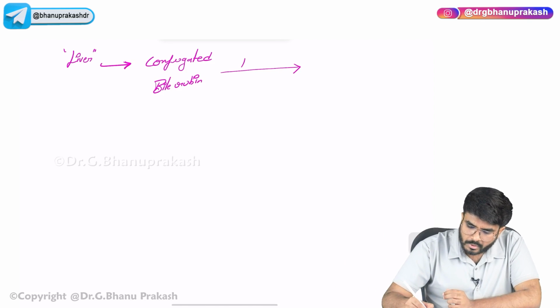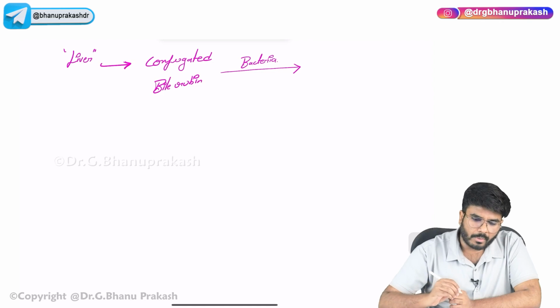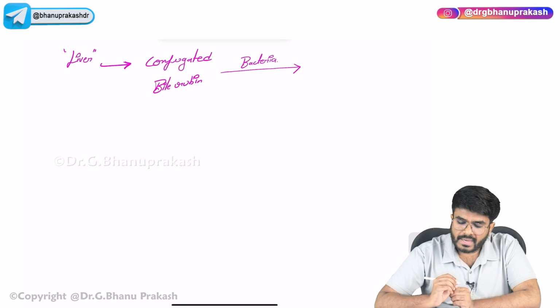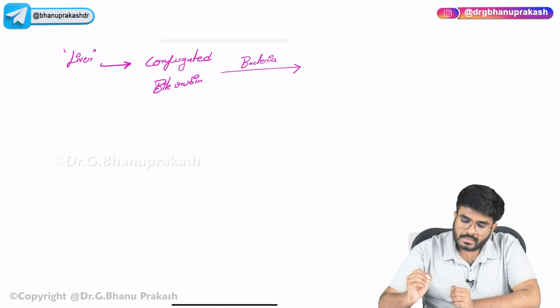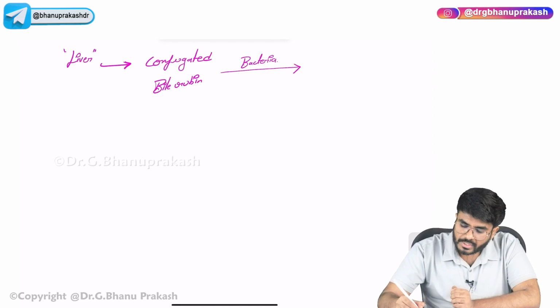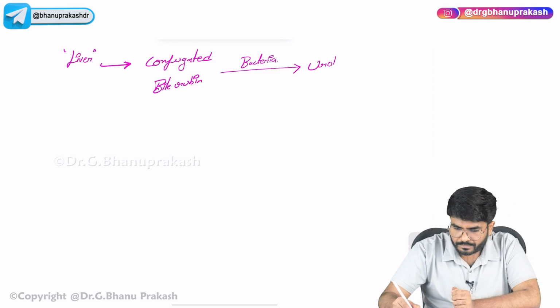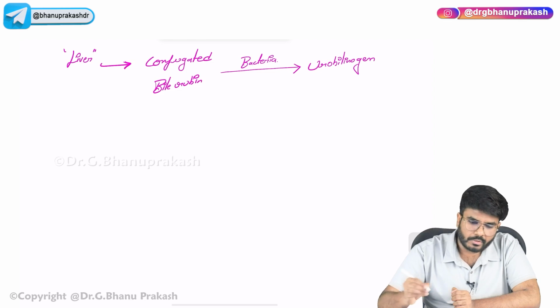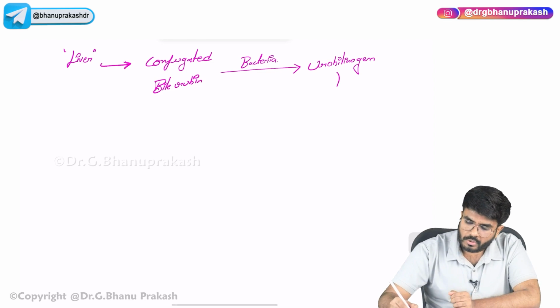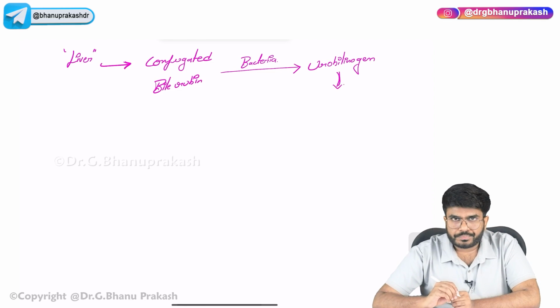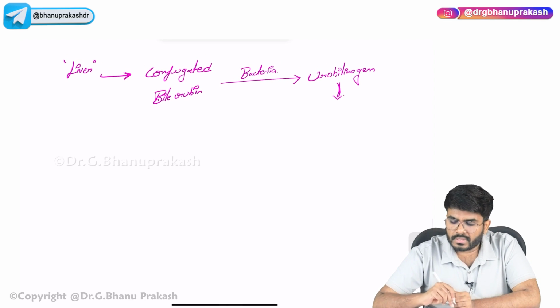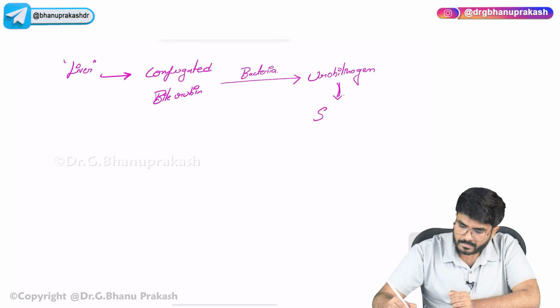Now this conjugated bilirubin is acted upon by bacteria. When bacteria act on the conjugated bilirubin, it is converted into urobilinogen. This urobilinogen is then converted into stercobilin.